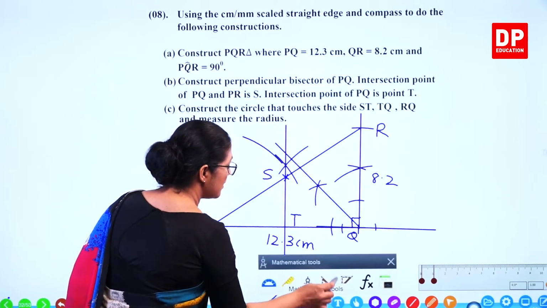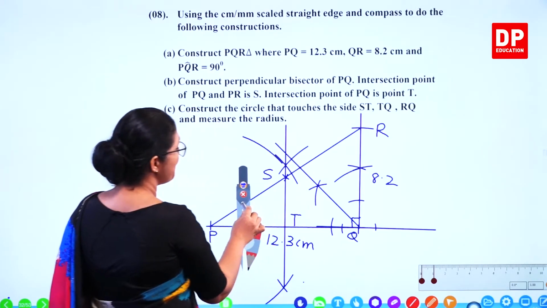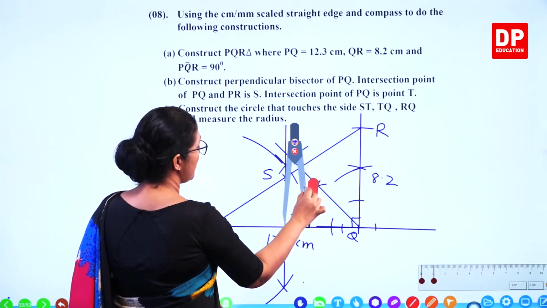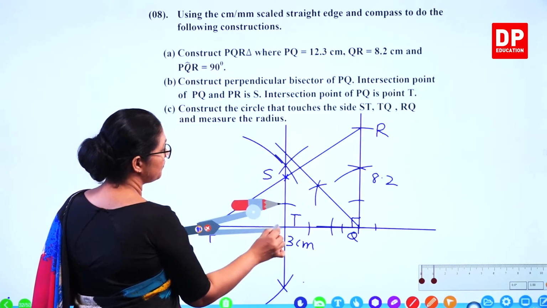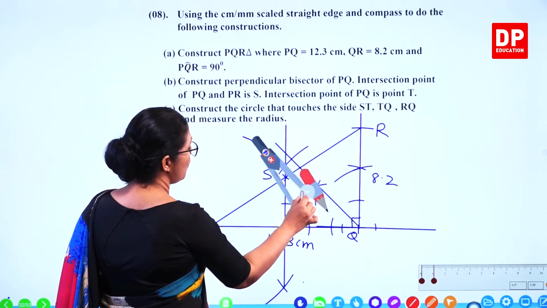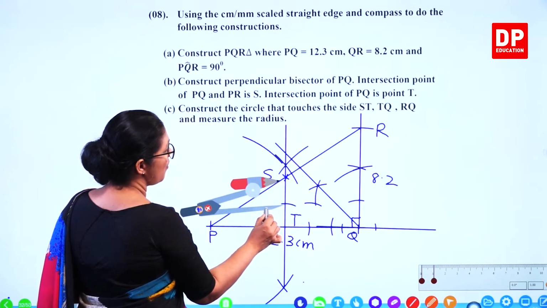So take the compass and we'll take this angle bisector. Draw as before. So in between you are getting the intersecting point.